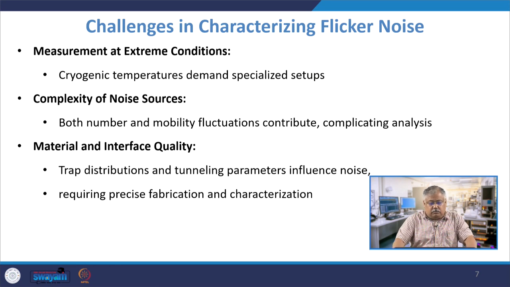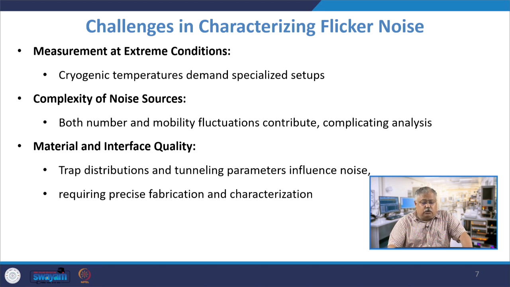The challenges in characterization of flicker noise are, of course, that the equipment or the measurement technique should be very good, because at such a low temperature you require a very specialized setup wherein external noise sources do not influence the internal noise of a cryogenic system.